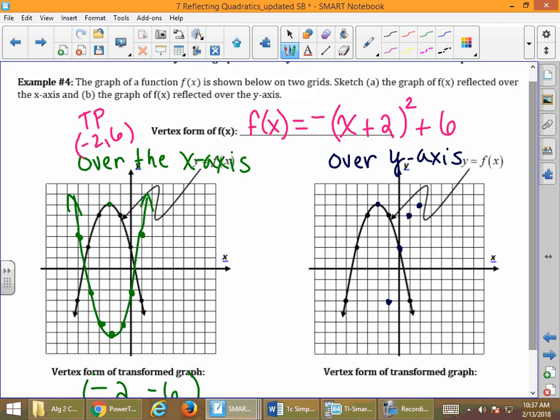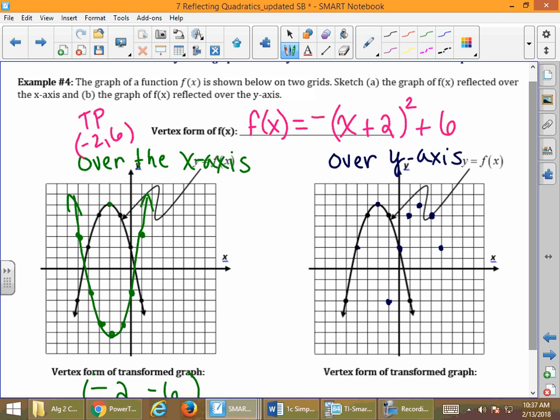And we can keep coming. This point, negative 3, 5, well, it's 3 spaces away from the y-axis, so we're going to go 3 spaces on the other side. And this point here is 4 spaces away from the y-axis, so 1, 2, 3, 4 spaces away on the other side.